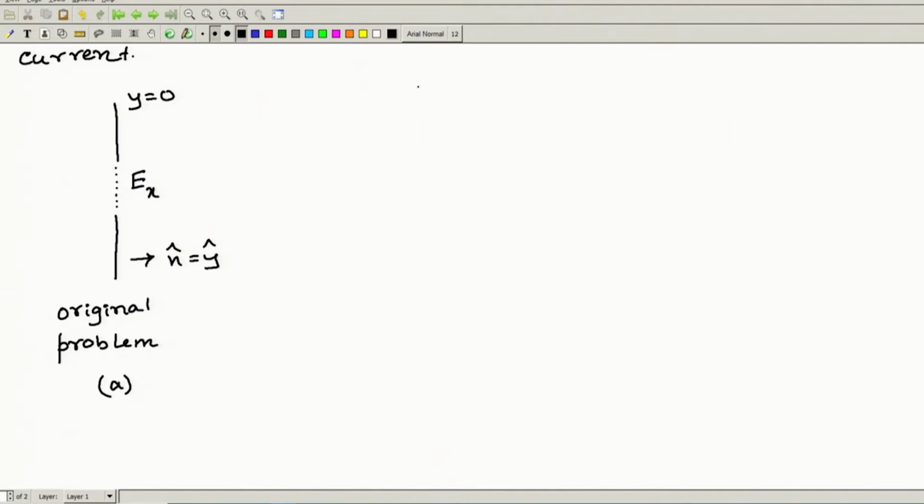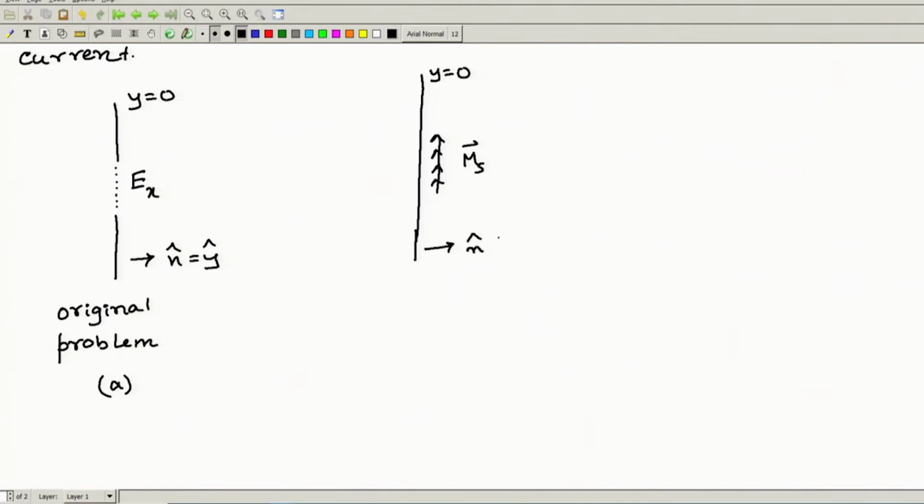Now, we will replace the aperture by a patch of magnetic current. So, now it will look like this, so we have replaced this aperture by magnetic current. Okay. So, Ms is the magnetic current.